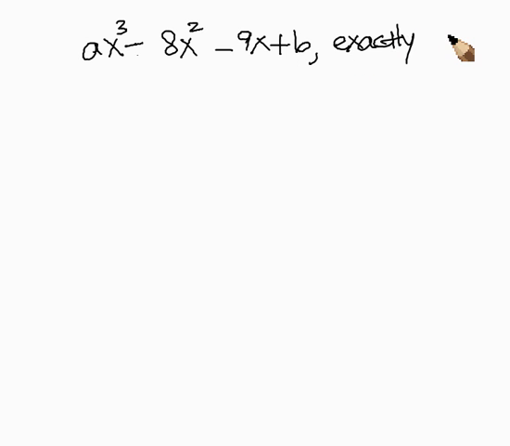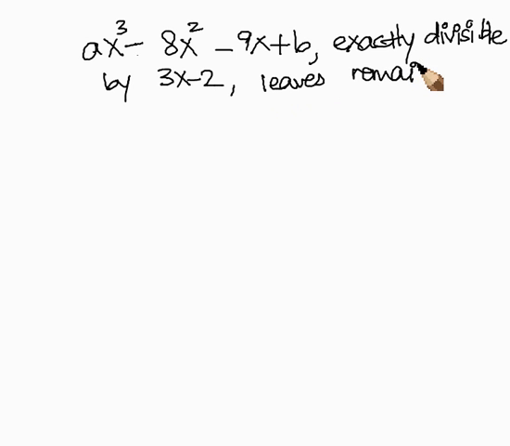Now we are given this: ax cubed, oh, it's a minus, minus 8x squared minus 9x plus b is exactly divisible by 3x minus 2 and leaves remainder 6 when divided by x.